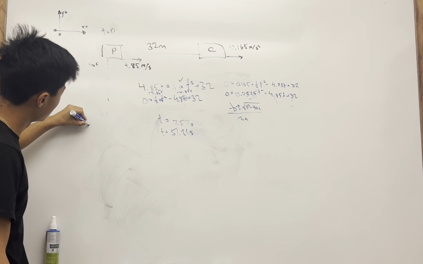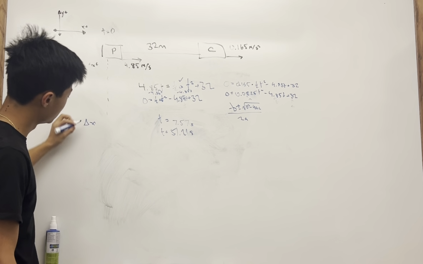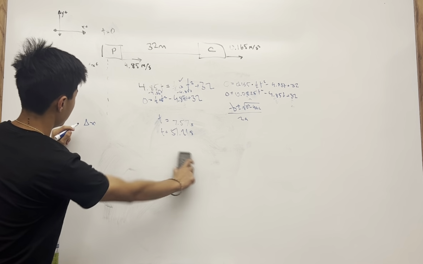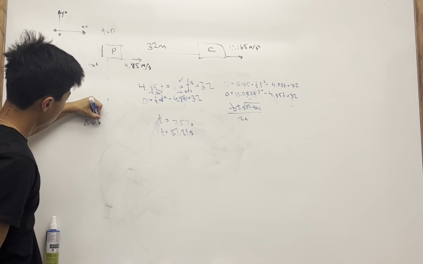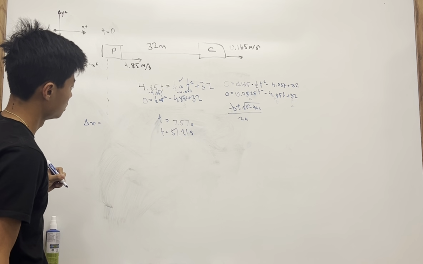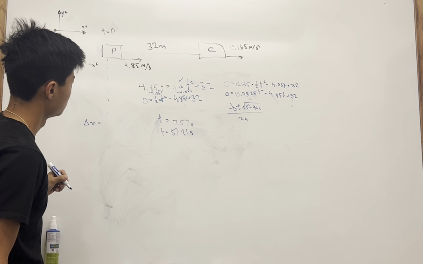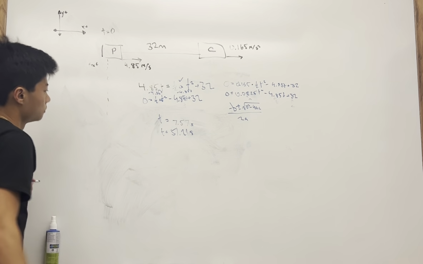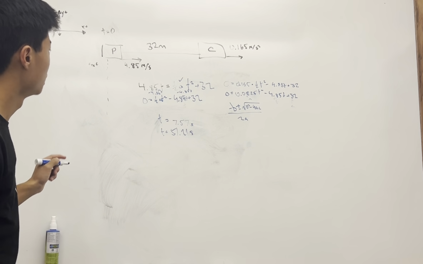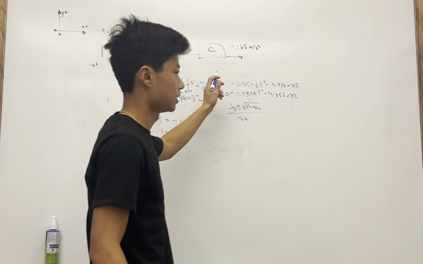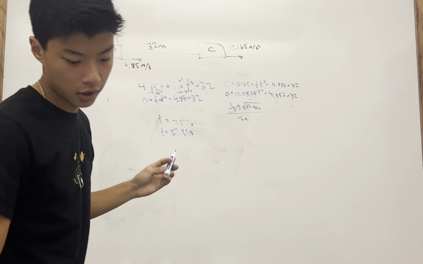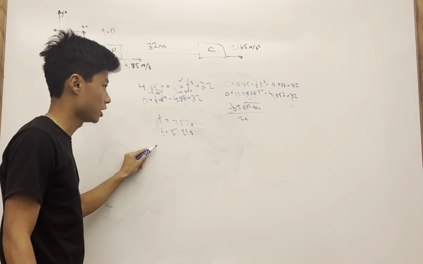That is delta x, which is the change in position. Oh wait, sorry. So we don't know what the delta x or what the change in position is yet, but we do know what the change in time is.